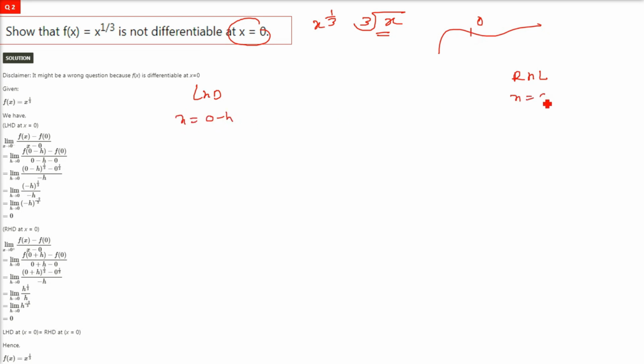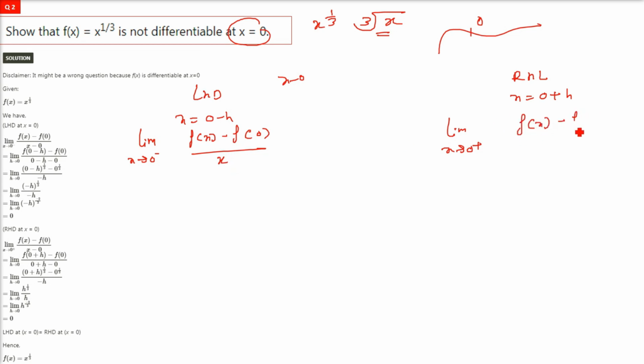This is x equals 0 plus h. This is what we are going to put. Limit x tends to 0 minus. Here limit x tends to 0 plus, because at 0 we have to check or find out the differentiability. f(x) minus f(c) by x minus c. In place of c, the x is given as 0. So it will be f(x) minus f(0) divided by x minus 0.